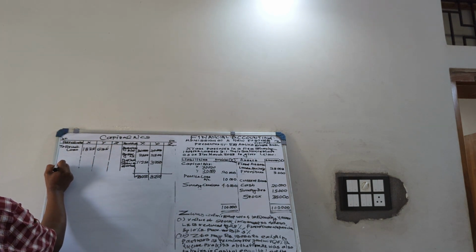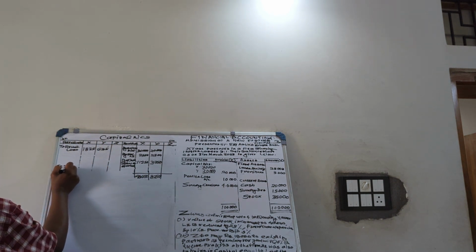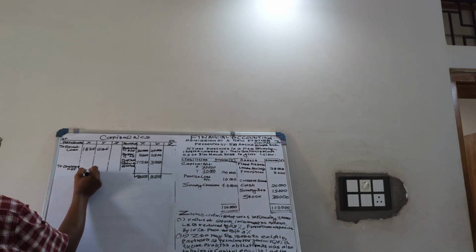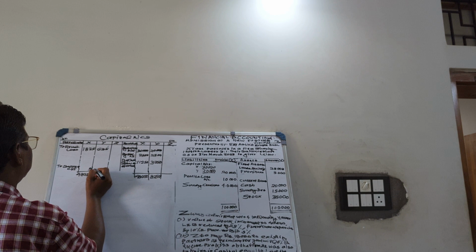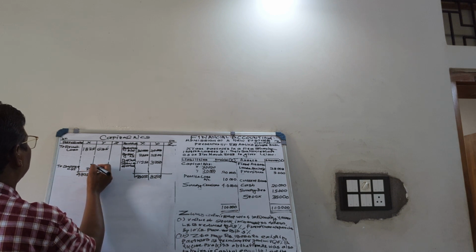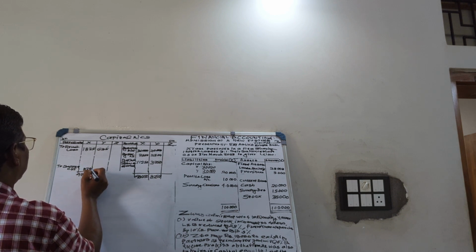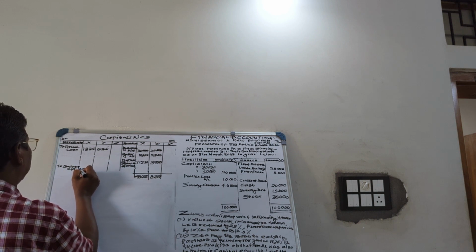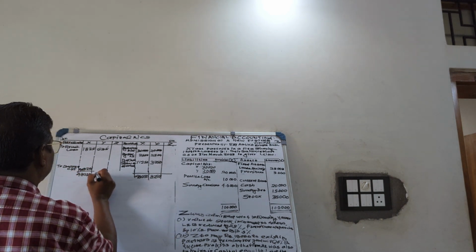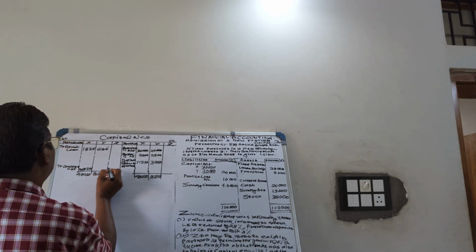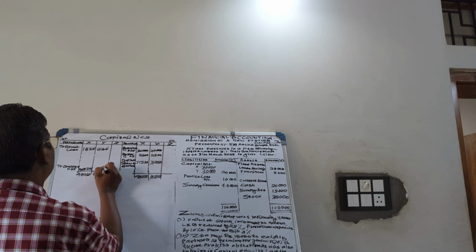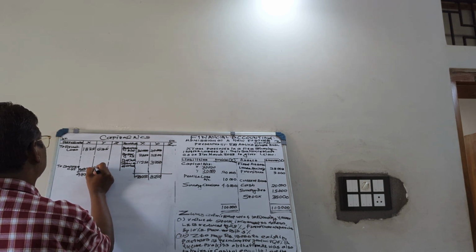Then here we will arrive the closing balance by balance carried down, that is closing capital of X and Y. So total will be 48,750. So difference amount is 46,875.